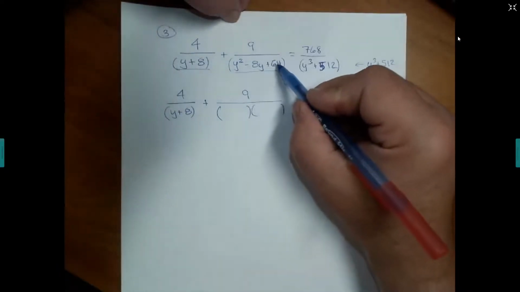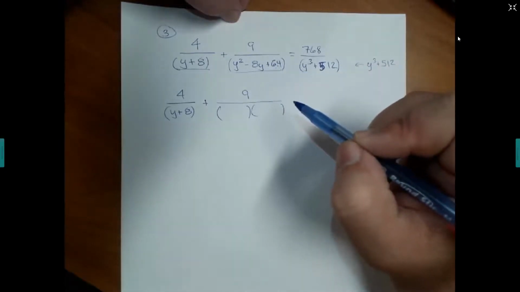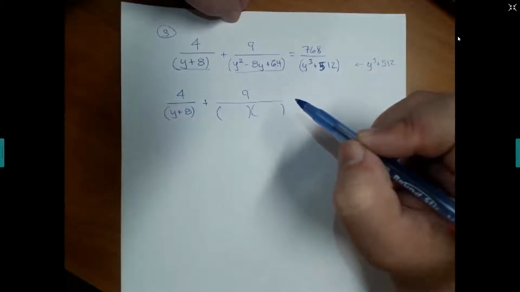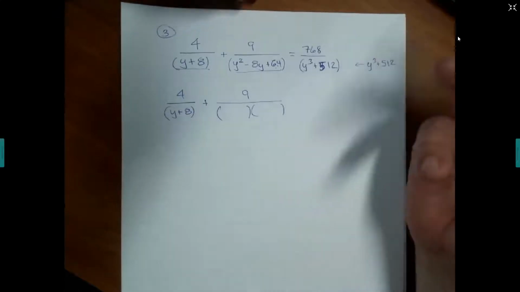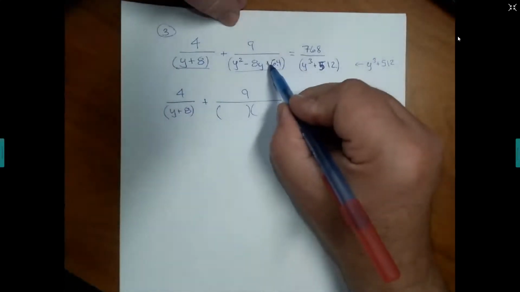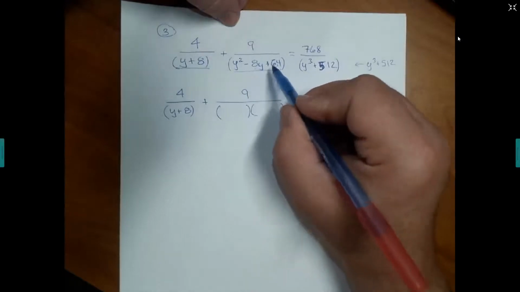What times what is 64? When you add them, you get 8. You can't. It's going to be too big. I mean, it's an imaginary number because if you add two numbers, the sum cannot be larger than the product.